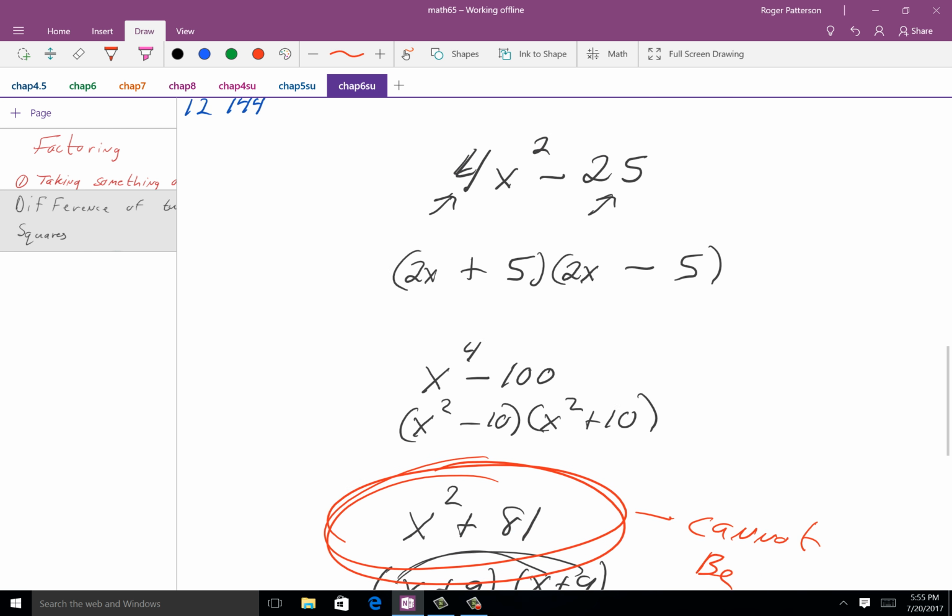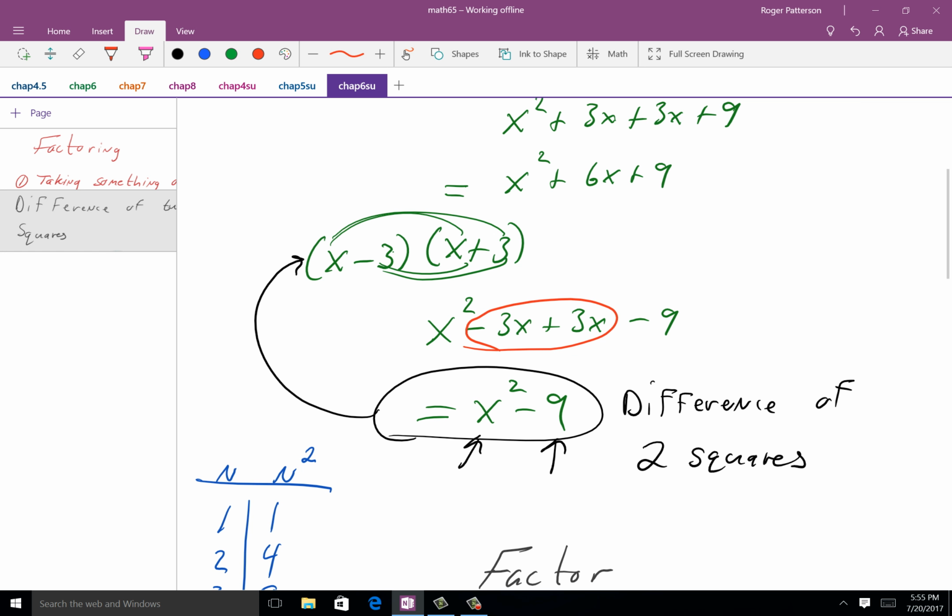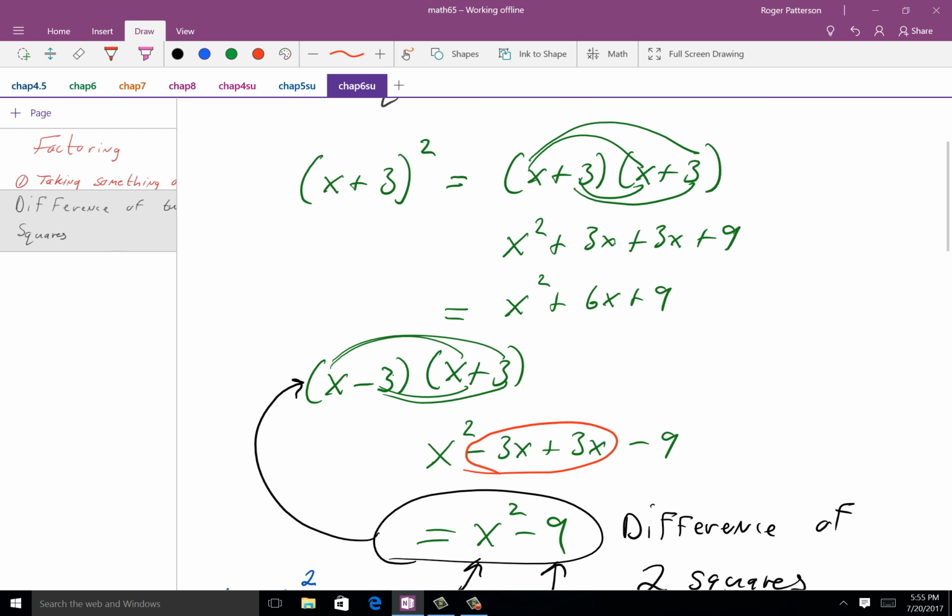Okay, I'm going to go back up to the very first thing we did. This also has a name, all right? Now, I don't really care that you do it this way, all right? But the book talks about this and says this is a trinomial square.